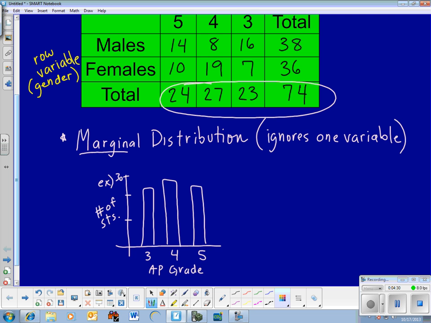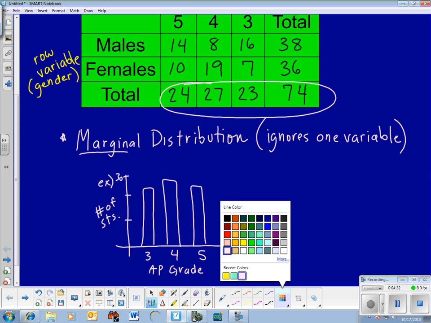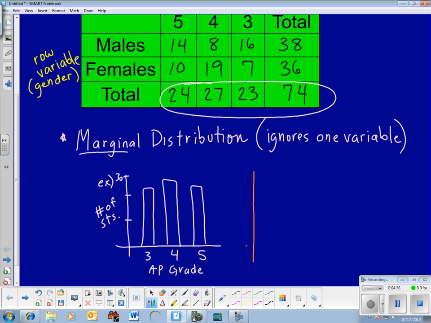So the other example of a marginal distribution would be up here. You could look at this table and only pay attention to the right-hand margin, again called marginal because that's where it is. It's on the edges of the table, on the margins. And I could just break down male and female, 38 and 36.